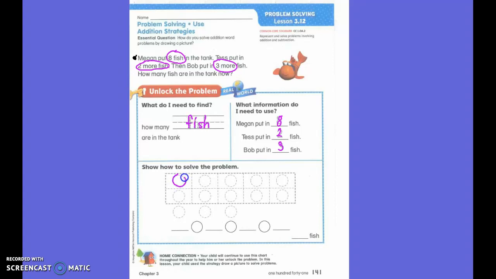Thank you, Mia. We're going to draw 8 counters because that's what the story told us first. So we're going to stay nice and organized, and we're going to put in our 8 counters first. So please go ahead and draw your 8 counters.